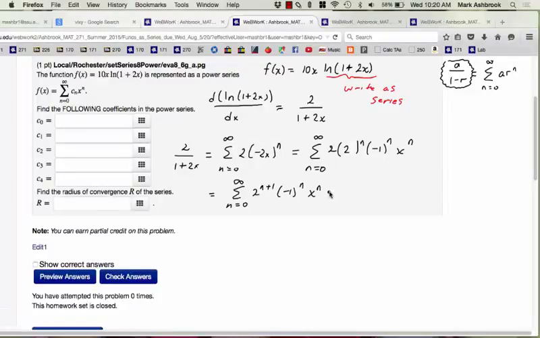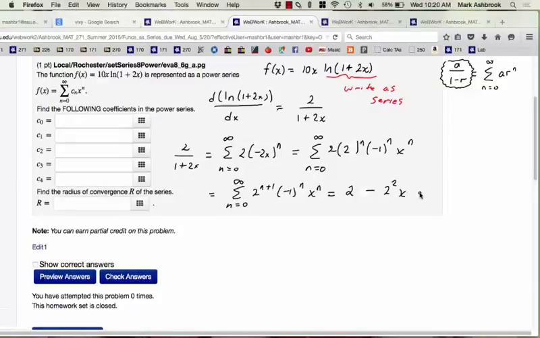Okay, so let's write out, like I recommended yesterday, maybe 4 or 5 terms. When n equals 0, we're going to get 2. Then n equals 1, we're going to get minus 2 squared x.